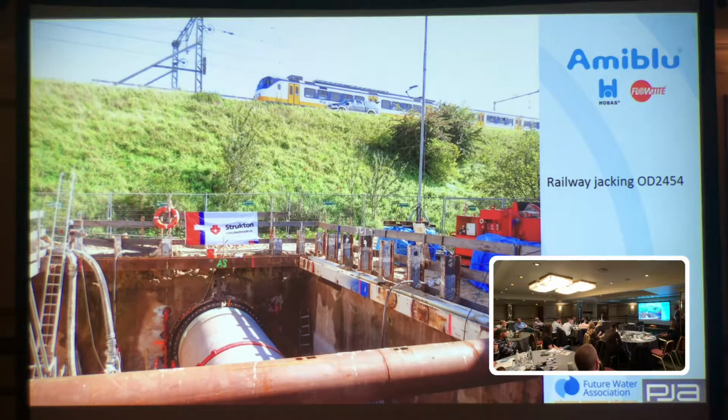We have a market share there of between 60 and 80% with jacking. In the total market we have a market share of about 40%. Schiphol Airport, and there's a crossing, GRP.